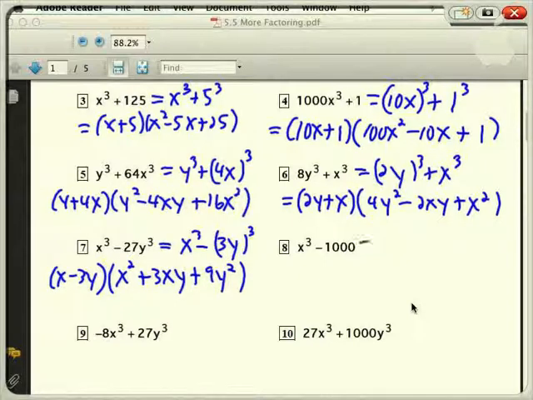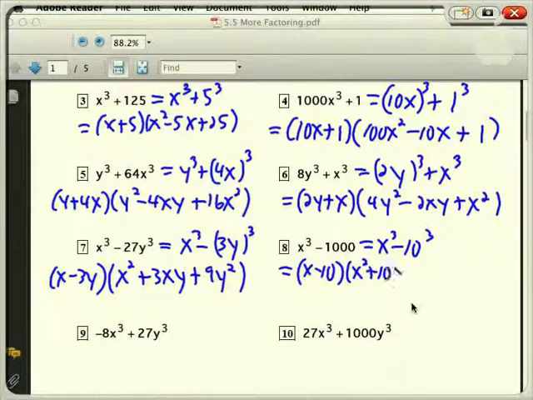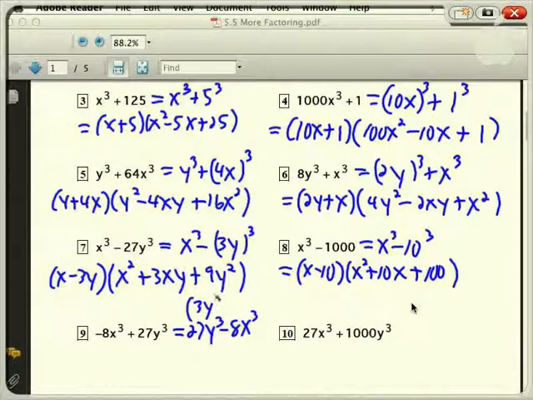In number 8, this is x cubed minus 10 cubed. So we get x minus 10 times x squared plus 10x plus 10 squared, which is 100. In number 9, rewrite it so it's 27y cubed minus 8x cubed, which is 3y quantity cubed minus 2x quantity cubed.